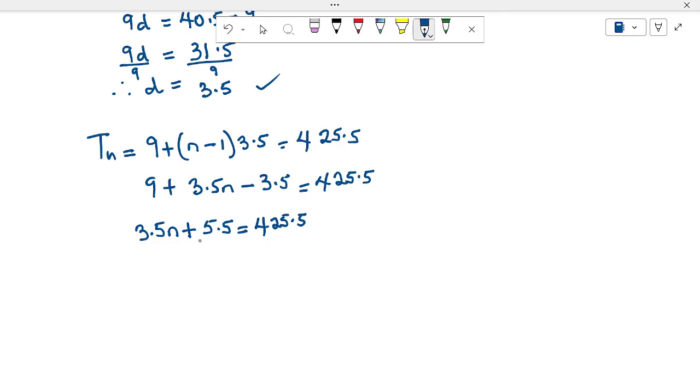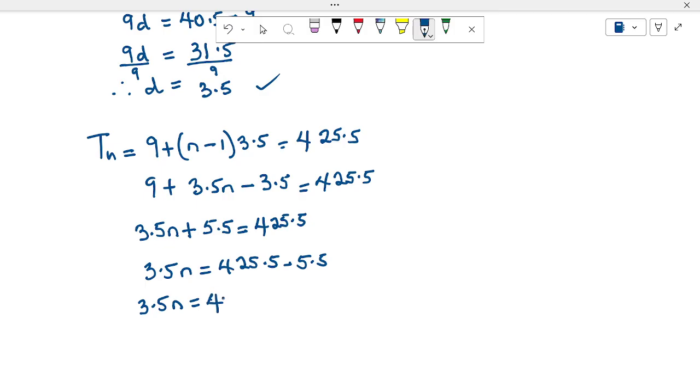Gather like terms further. This moves there. Then we have 3.5n equal to 425.5 minus 5.5. Therefore, your 3.5n equals, do it as I'm doing it. Do yours and give me the answer. Write the answer in your notes as you're following me. That is 420.